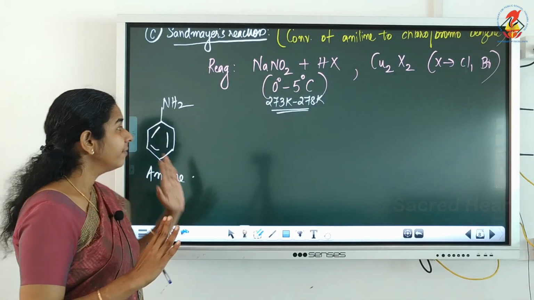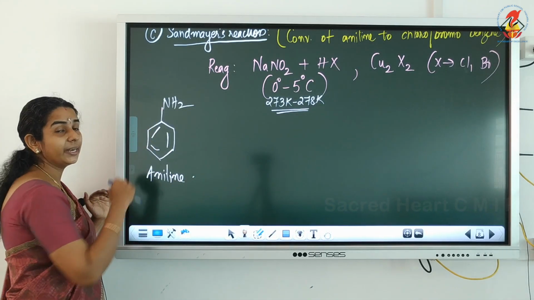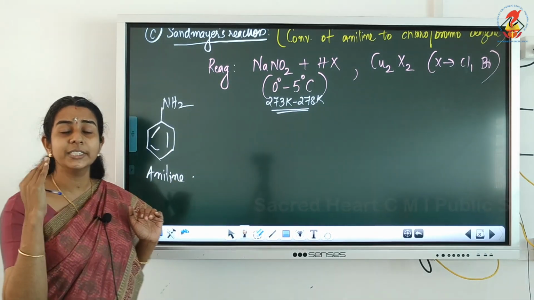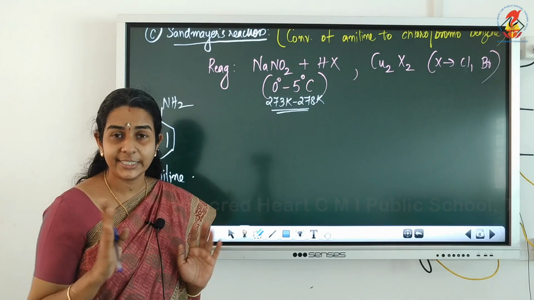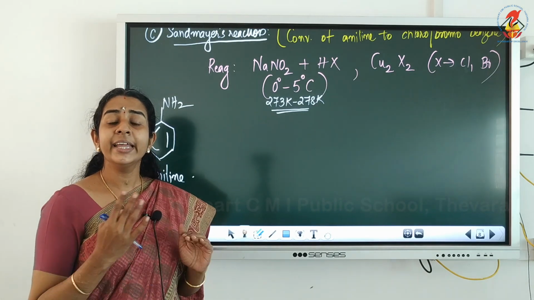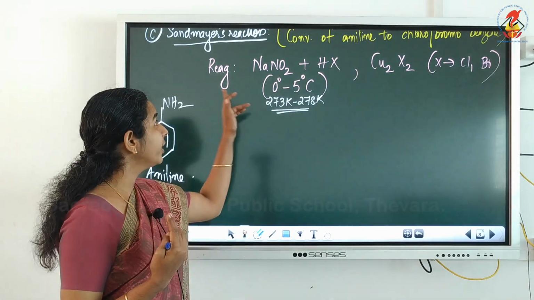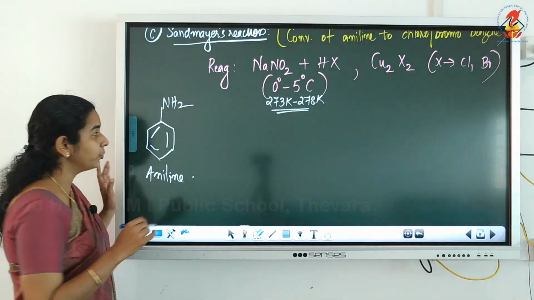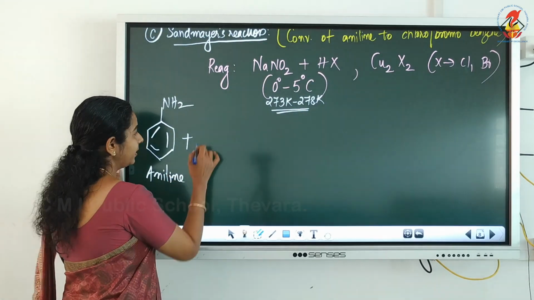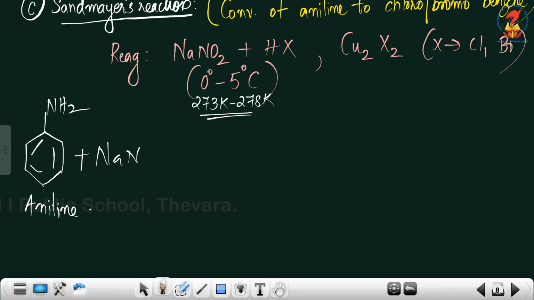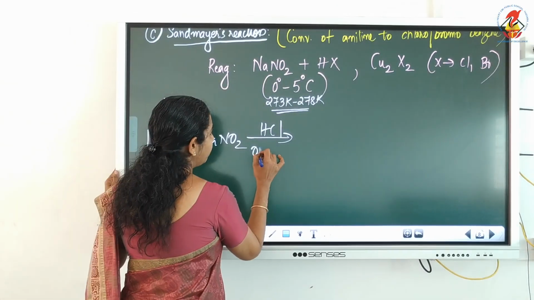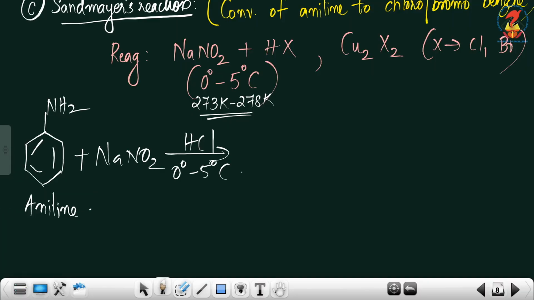So first we have to dissolve the aromatic primary amine in cold aqueous mineral acid like HCl usually. Then we have to add sodium nitrite, NaNO2. So the first step is it is treated with NaNO2 and HCl, at 0 to 5 degrees Celsius.